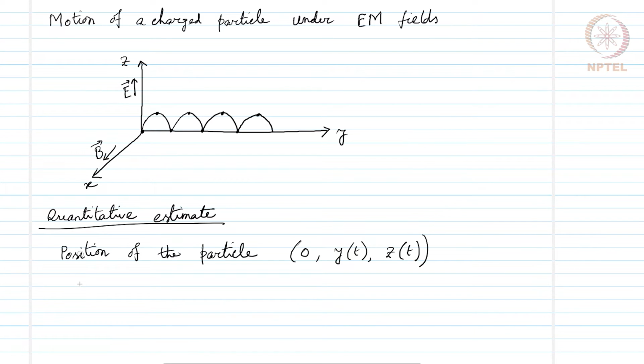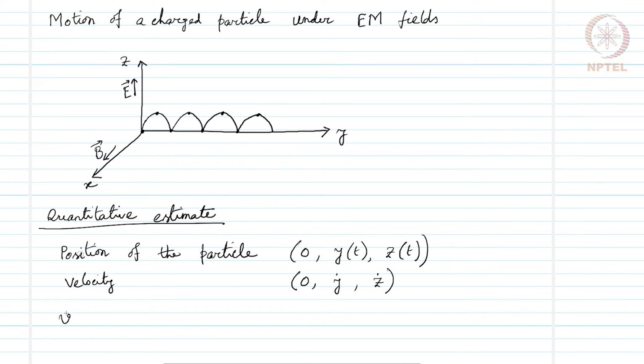And the velocity can be described as, there is no velocity along the x direction, y dot velocity along the y direction, that is the time derivative of y, and z dot velocity along the z direction, that is the time derivative of z.